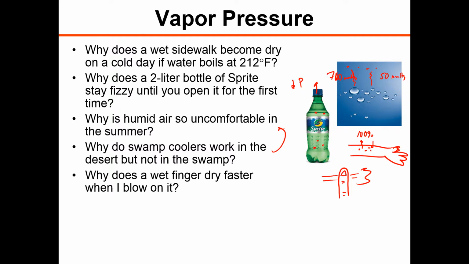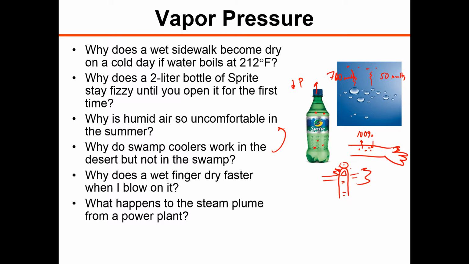What's happening is those water vapor molecules that are here are evaporating and condensing. But if you blow those water molecules away, then it's not going to condense back as much onto the finger, and so then it's going to feel cool, as more water evaporates and doesn't condense. That's also due to vapor pressure. There are just some water molecules here that have vaporized even though we're below the boiling temperature.